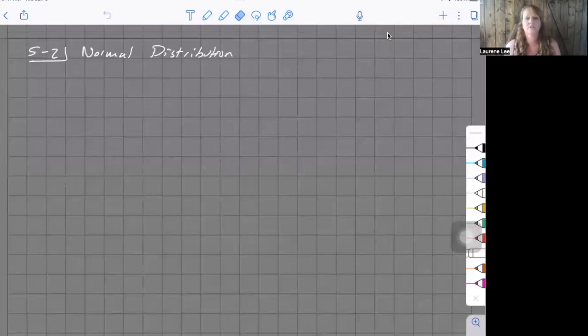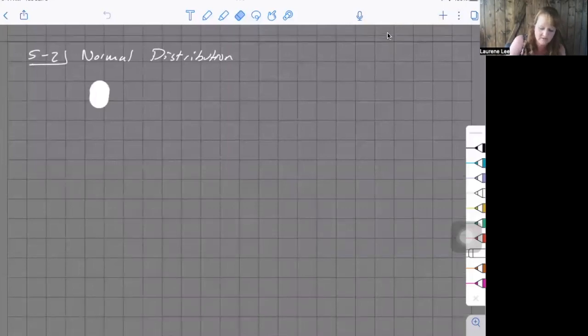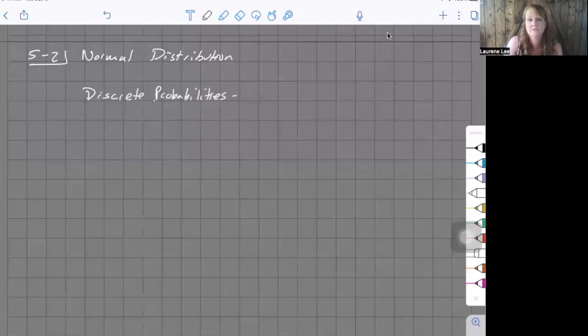In chapter 2, we calculated probabilities that are called discrete probabilities, when we were doing our frequency distributions and histograms. So discrete probabilities can be counted. That's how we define them.